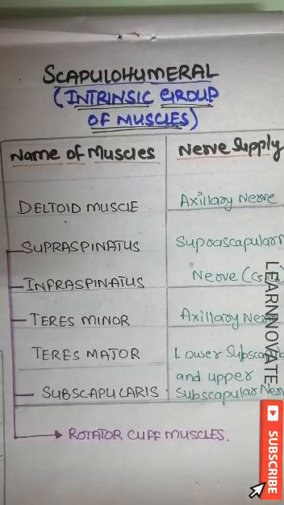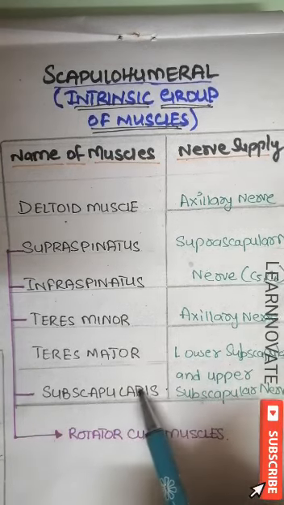Now the other group includes the scapulohumeral muscles, or the intrinsic muscles of the upper limb. That includes the deltoid, the supraspinatus, the infraspinatus, the teres major, the teres minor, and the subscapularis.